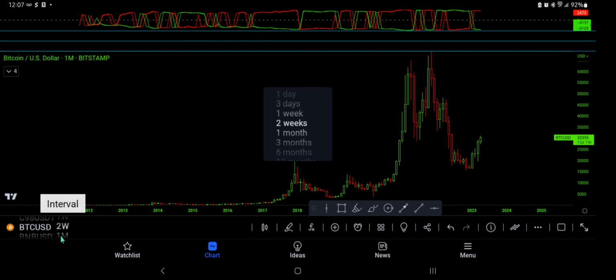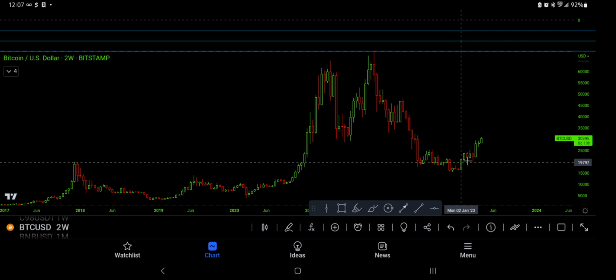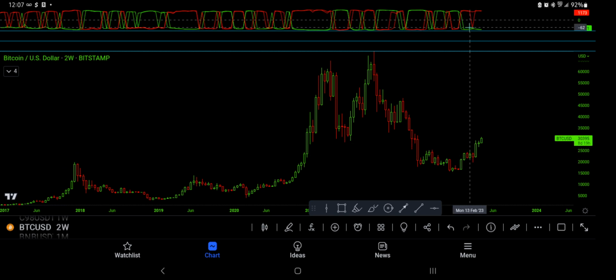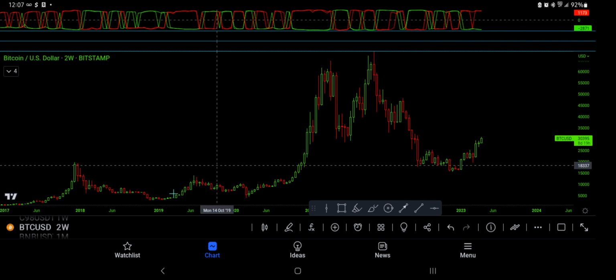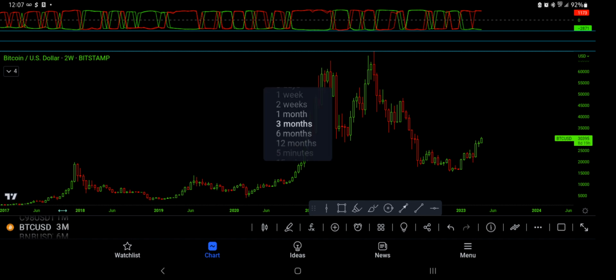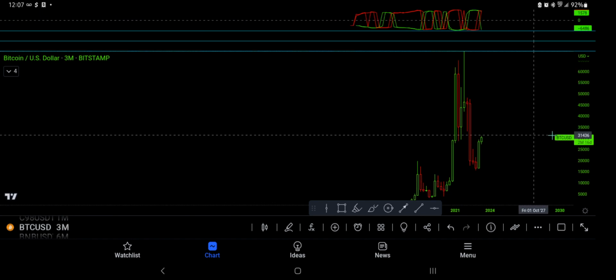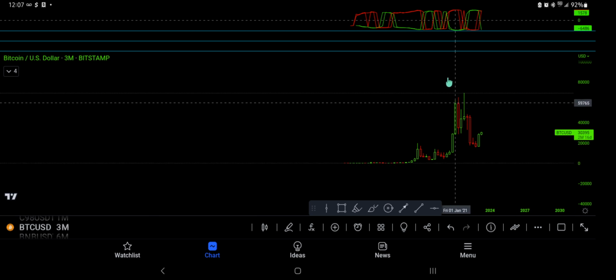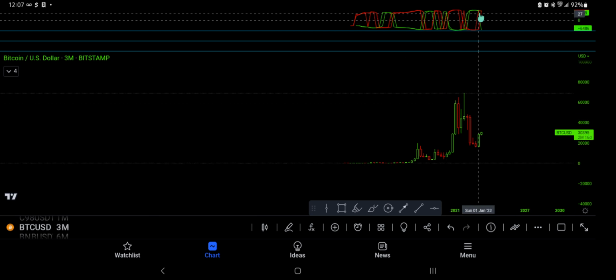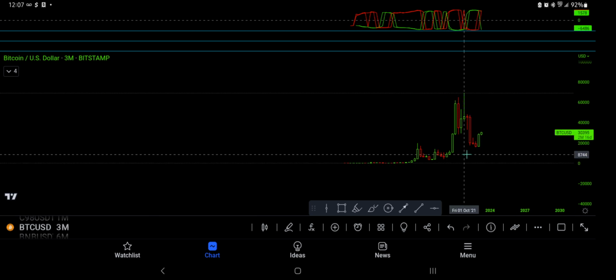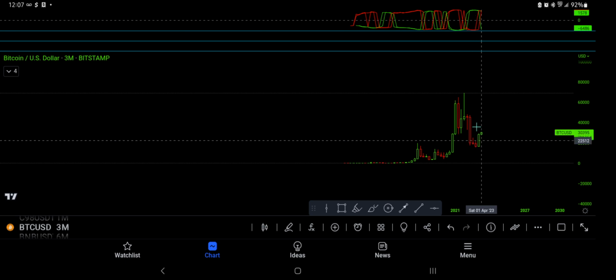You could see some momentum right here on the 2 weekly, and it would still look like it's being invalidated on the larger time frames because of the crossover. But if you go to even larger time frames, like the 3-month, you can see that the larger time frames are moving up.